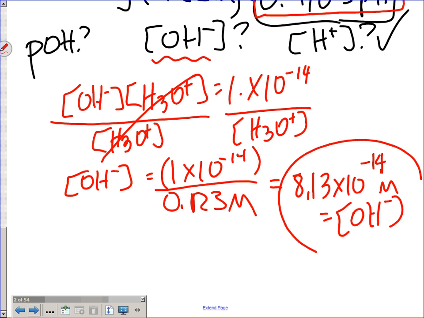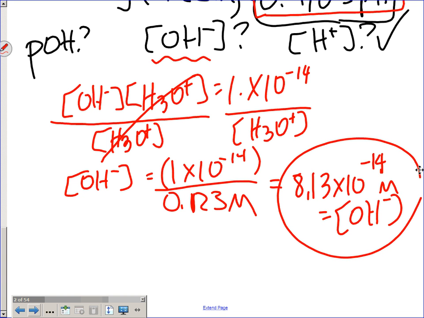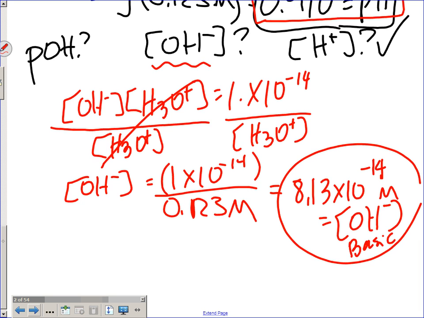Hydroxide, is that indicative of an acid or a base? Let's go one more time. An acid has what in the front of its formula? H. This is an OH. Who does this normally describe? Bases, right? So if I have a low concentration of something that's basic, does that make sense with my example here?